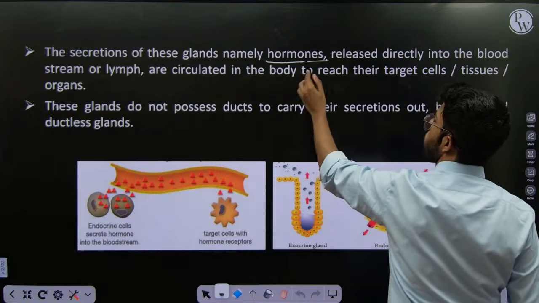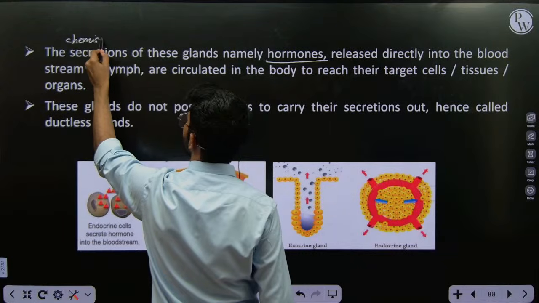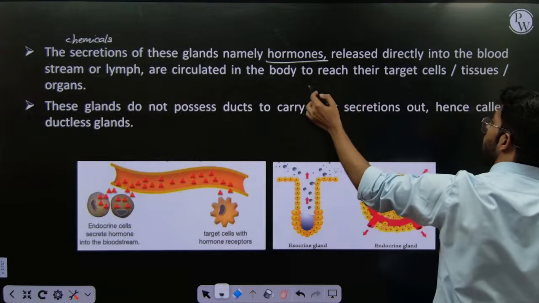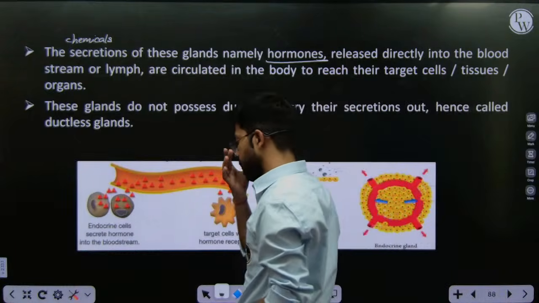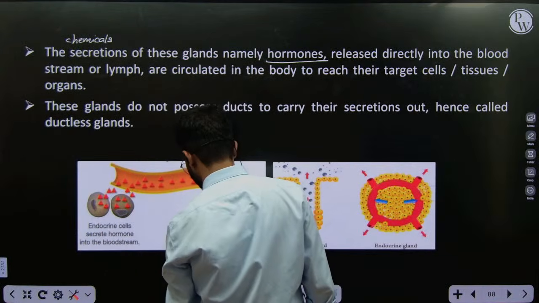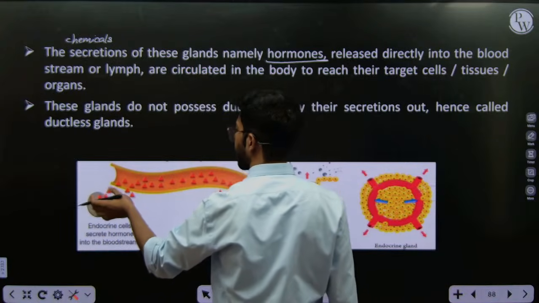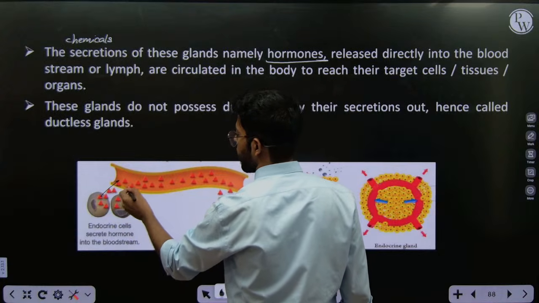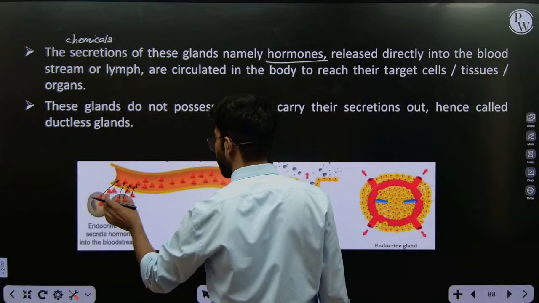The secretions or chemicals released by these glands or systems are called hormones, which directly enter the bloodstream. For example, these are the endocrine cells. They synthesize some chemical or hormones, then they directly diffuse or secrete their chemicals into the bloodstream.